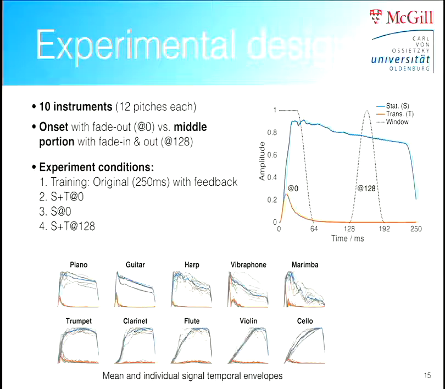We compare the stationary plus transient component at the beginning and the stationary component at the beginning with the stationary plus transient component in the middle. There's a training phase where people hear the original sound, including feedback on whether they correctly identify the signal or not.